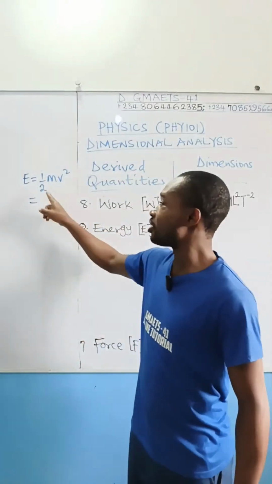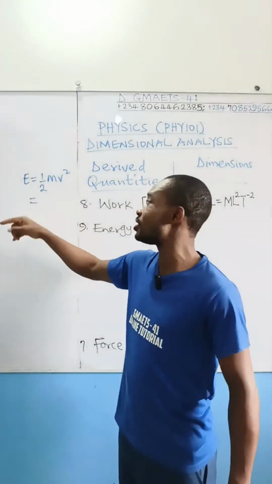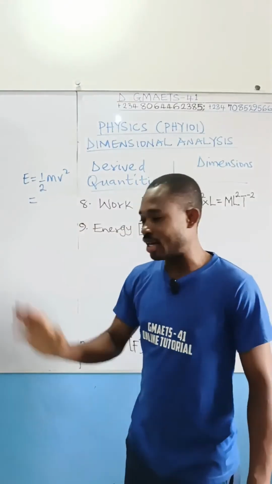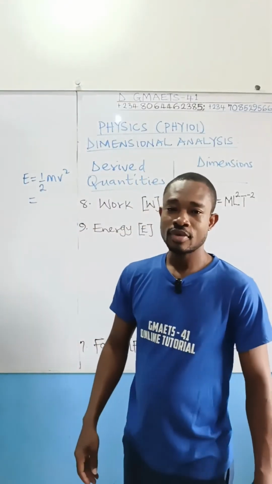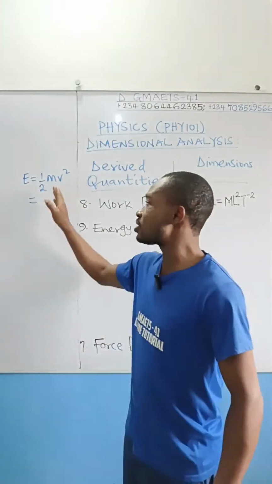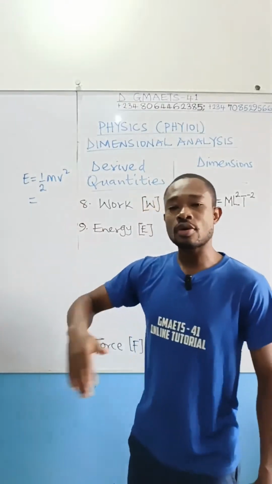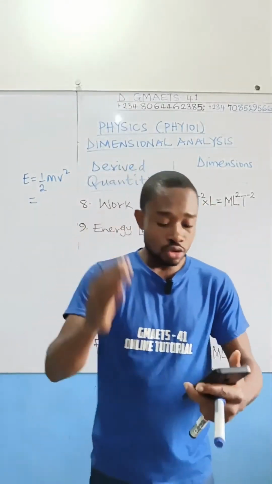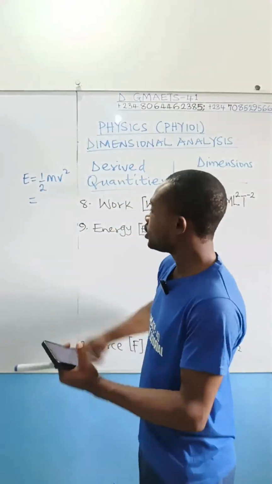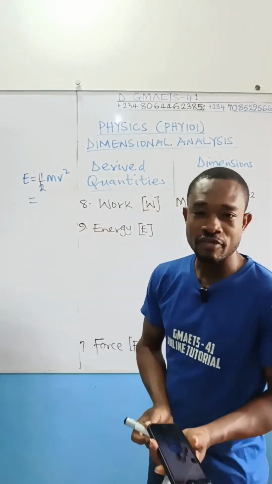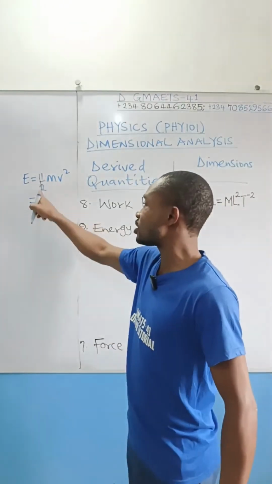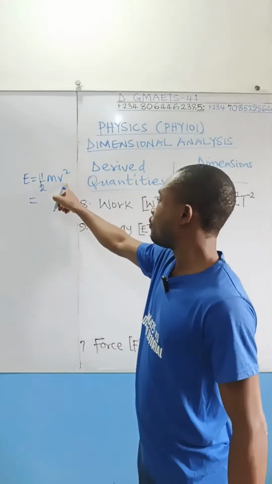If a number or a constant is multiplying or dividing quantities, you don't use it in dimensional analysis; you keep it aside. If that constant is added to or subtracted from a quantity, you also don't use that constant. Therefore, this 1/2 you are seeing will go off. It has no business in this dimensional analysis. This is a constant multiplier. You are left with mv squared.